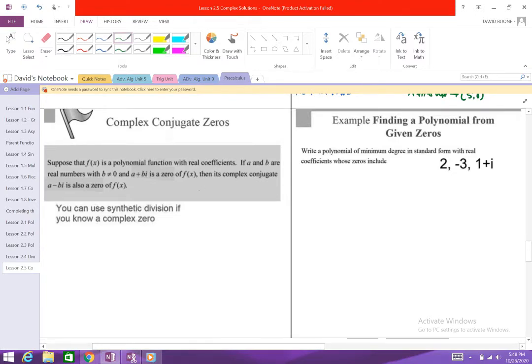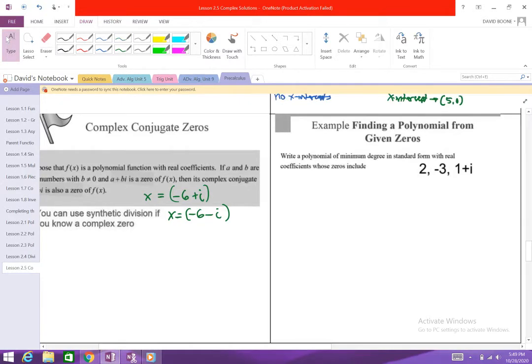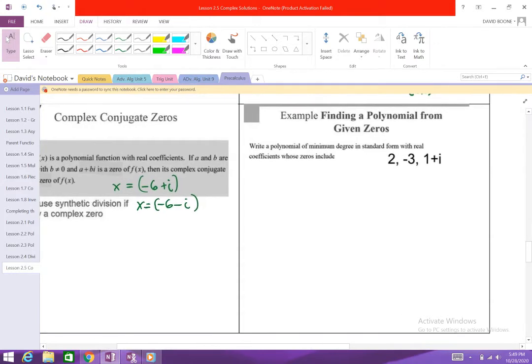So, for example, if I knew that say negative 6 plus I is a 0, that x equals negative 6 plus I was a solution, I would also know then that the complex conjugate of that, so in other words, same numbers in the same spot, but now we're just subtracting, this too would also be a 0.